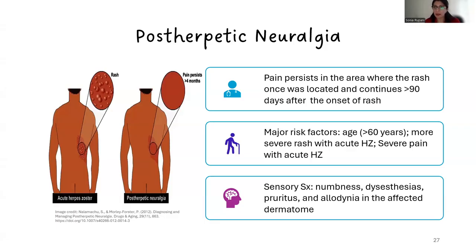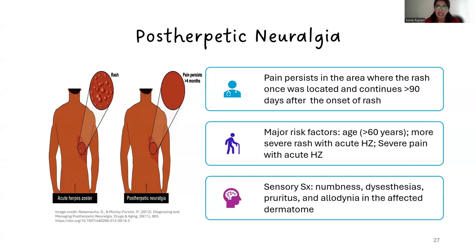The major risk factors when we talk about postherpetic neuralgia, once again, the age. As we age, the risk of herpes zoster increases, and so does the complication, including postherpetic neuralgia. Per studies, most cases have been seen after the age of 60.